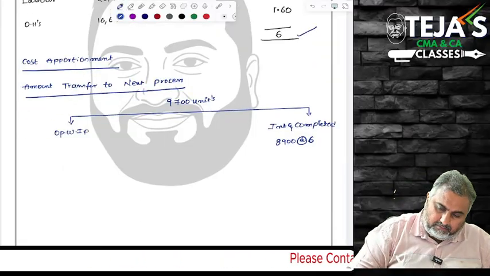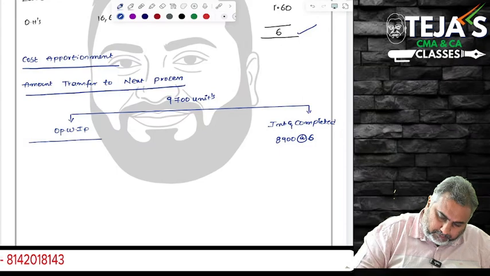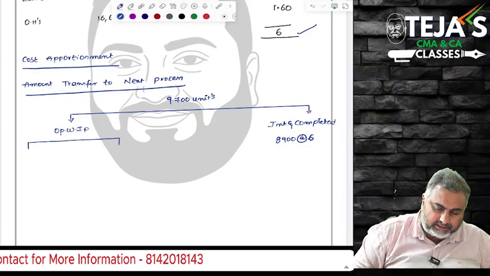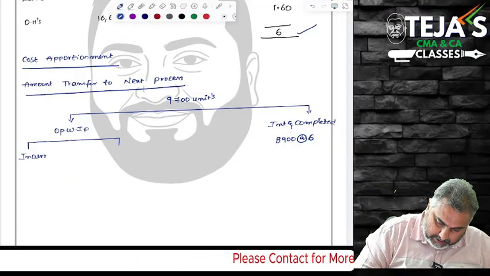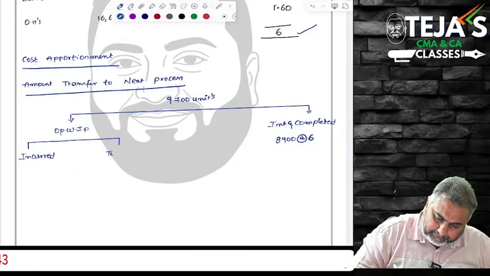But here the issue is the opening work in progress part consists of two things. What is that? Incurred and to be incurred.